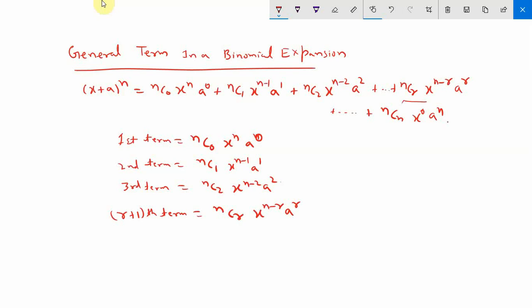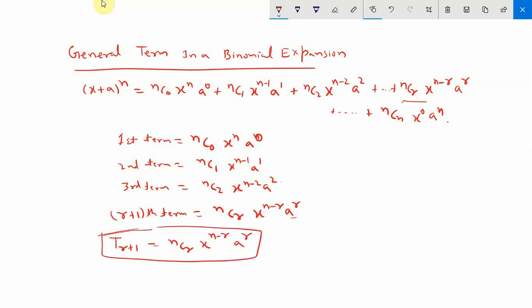If in place of a it is minus a, we will replace it by minus a. So in a binomial expansion, the general term is given by T(r plus 1) equal to ncr x to the power n minus r into a to the power r.